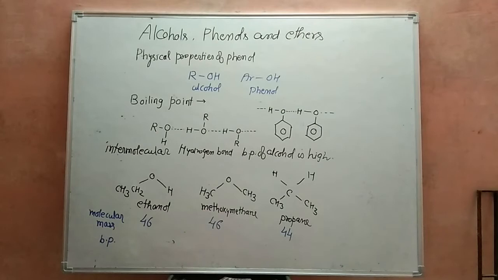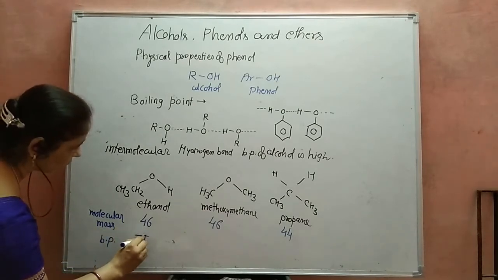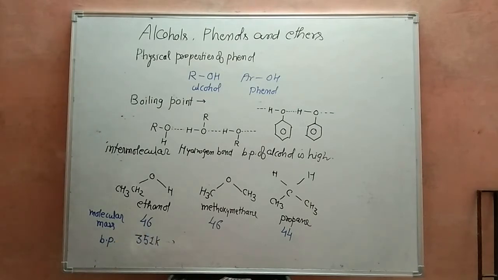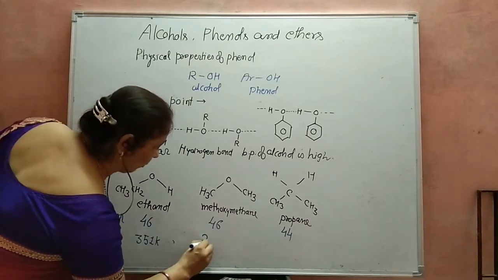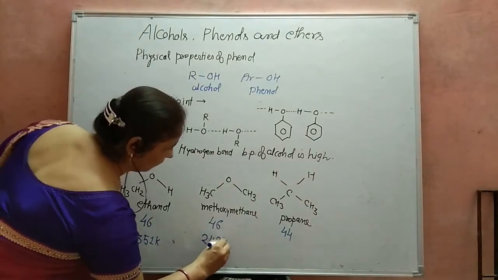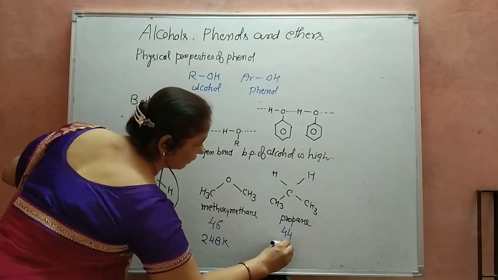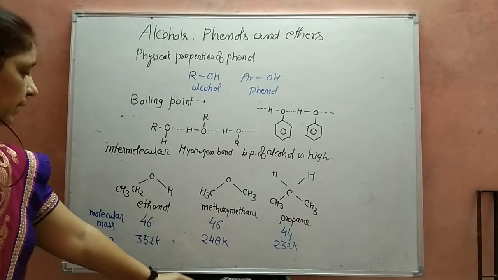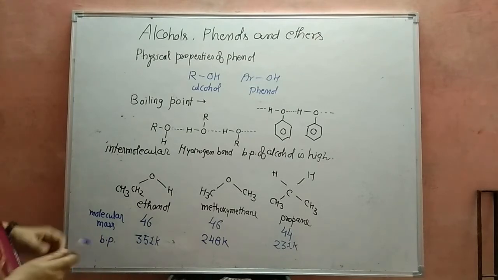Nearly equal. But if we discuss the boiling point, the alcohol boiling point is 351 K, while this one is 248 K and this one is 231 K. So here you have to observe that there is a large difference between the boiling points.